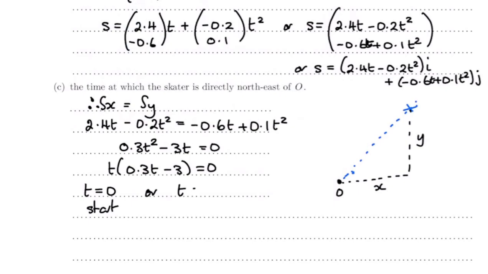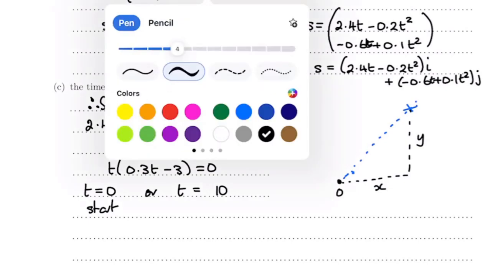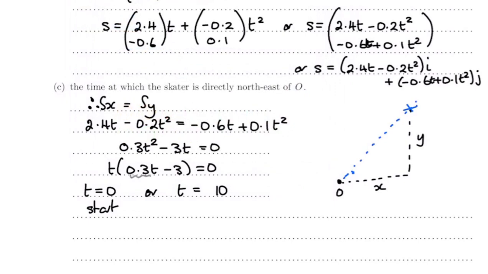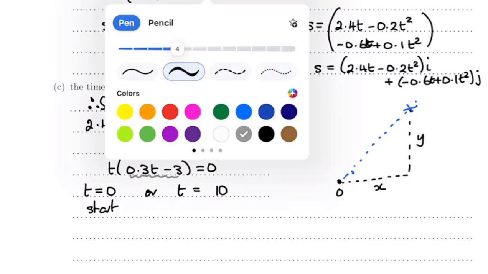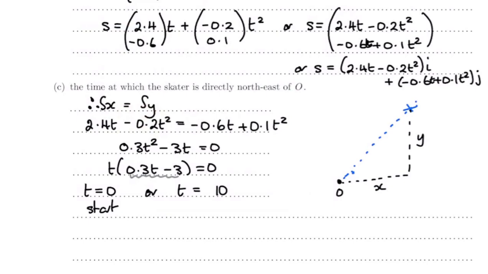Or t equals 10 seconds. If you set this equal to 0, and therefore add 3 and divide by 0.3, you get your 10. So in other words, this skater is directly northeast of the origin when t is 10 seconds.